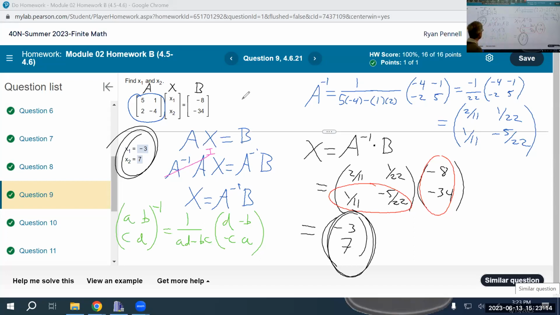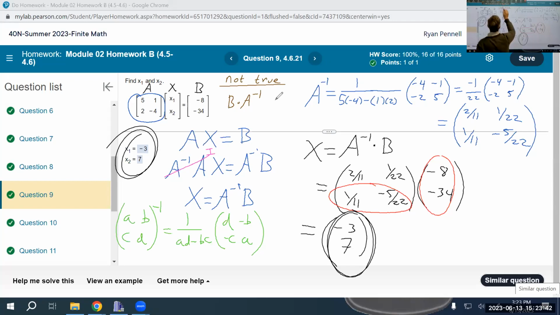So that's how I did it. But order matters with multiplication. So it would not have been true. Not true. I couldn't go B times A inverse. That's not the same thing. So order matters with these things.